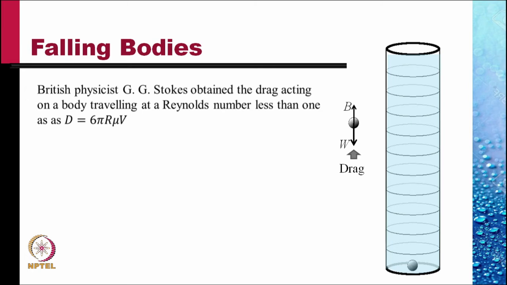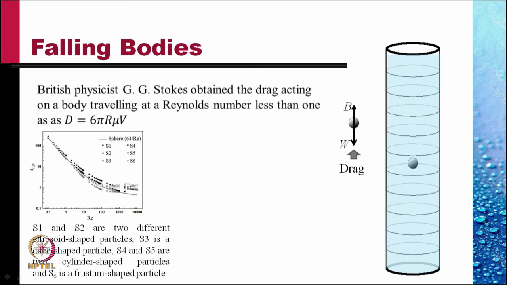The Stokes equation gave the drag as 6 pi r mu v for a sphere. But the interesting thing is that this drag does not depend upon the shape of the body.